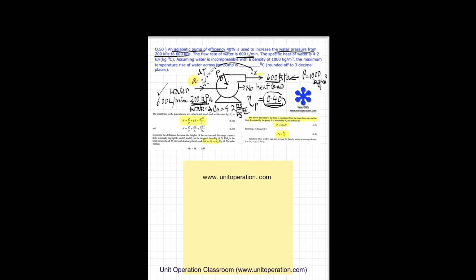We know the head is defined as P over rho plus gz plus alpha v squared at any particular point. This is the average velocity. Now, if we take the points A and B, where A is the inlet and B is my outlet, we can assume that the elevation ZA is approximately equal to ZB, and we also assume that the velocity at A is the same as the velocity at B, assuming the pipe diameter remains the same.